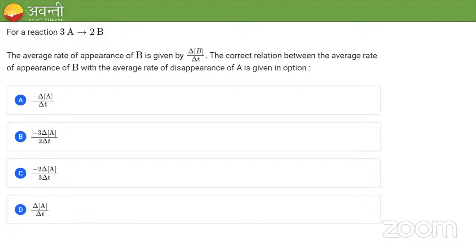Anita is getting option B. Anika is getting option C. Okay, so which is the correct answer? Two options are given like this. Both of you check your answers once again and check whether the options given by you are correct. By the way, others also try and give your answers in the chat box.